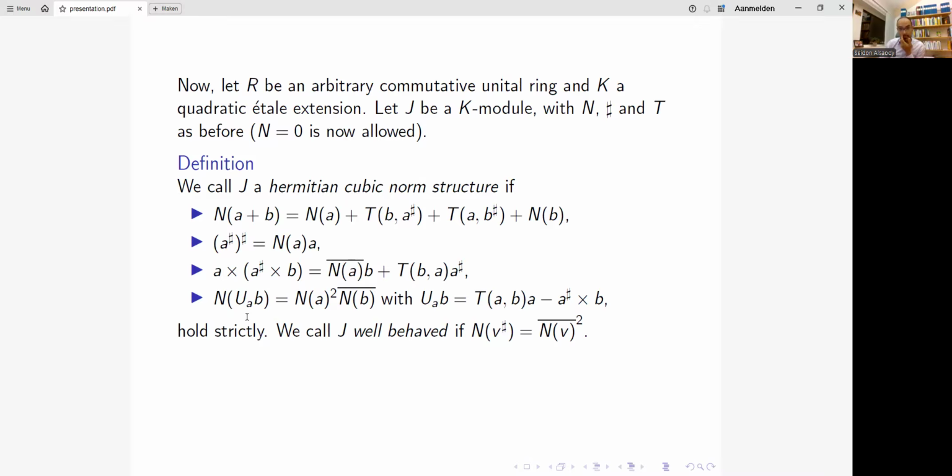Maybe not super interesting, but by allowing this, we can understand all Q dimension 1 structurable algebras as grown from Hermitian cubic norm structures. But you're right, maybe not the most interesting case, but it's just useful to include it, to be as general as possible.